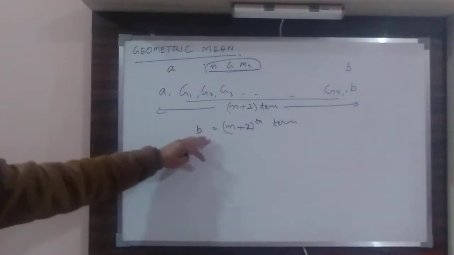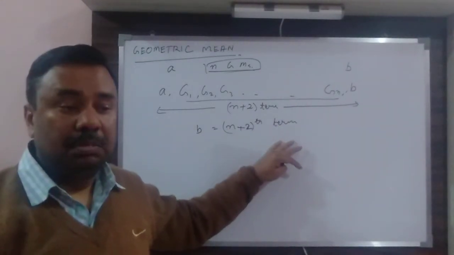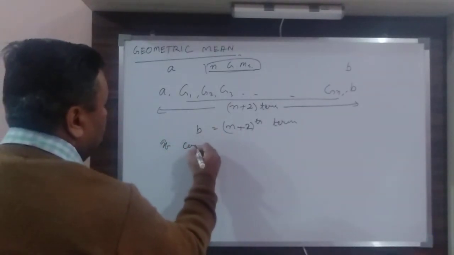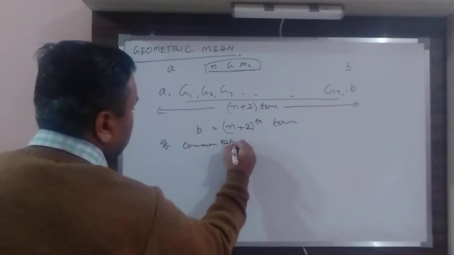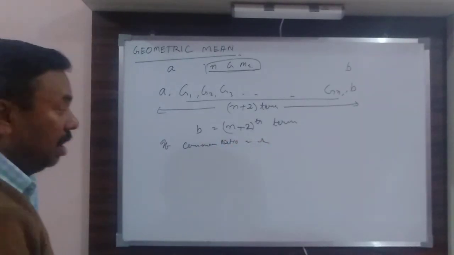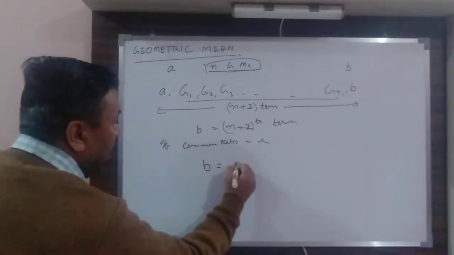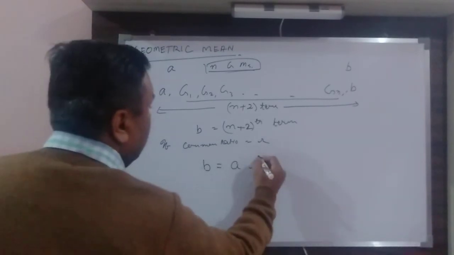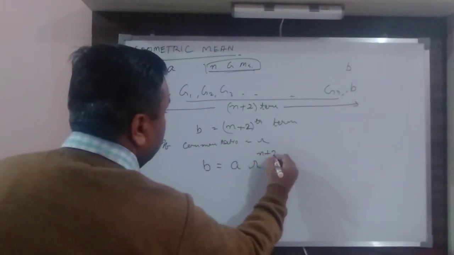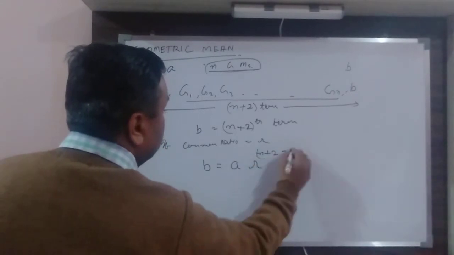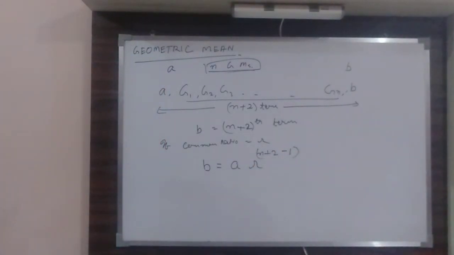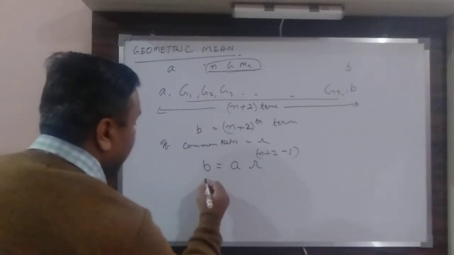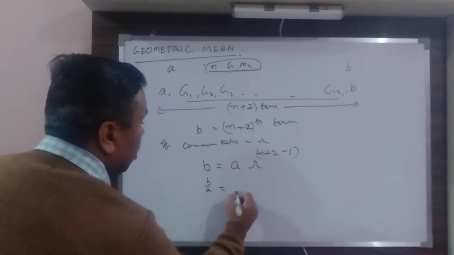If the common ratio is R, then B is equal to A multiplied by R raised to the power n plus 2 minus 1. Or I can say B over A is equal to R raised to the power n plus 1.